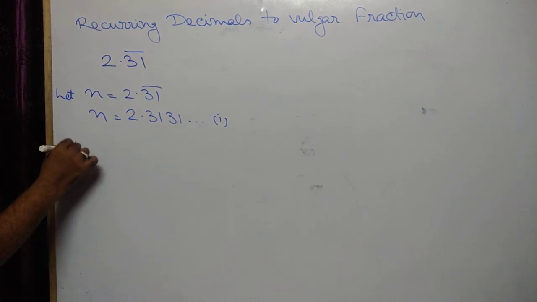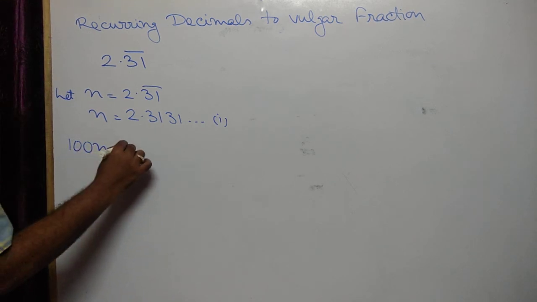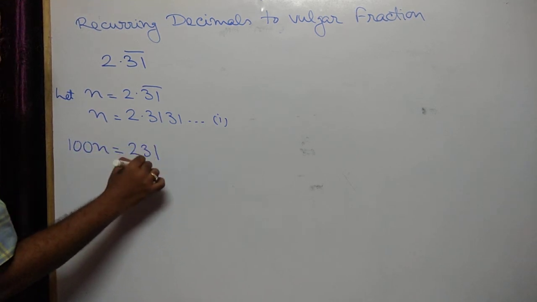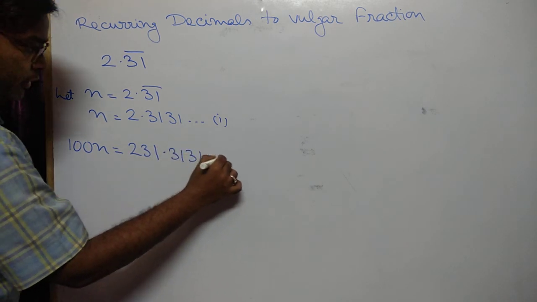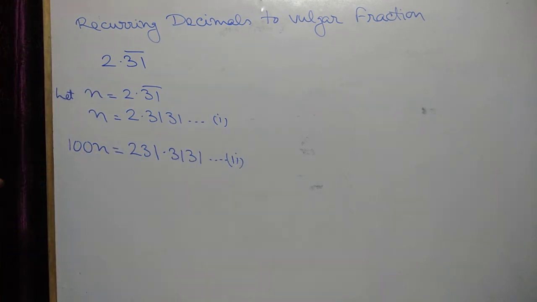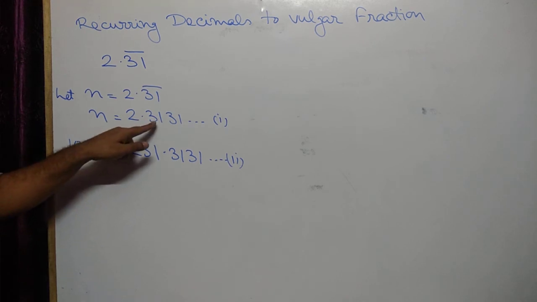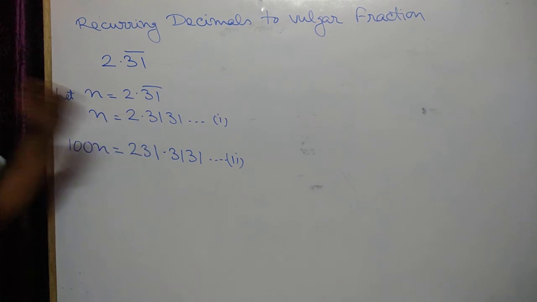So 100n equals 231.3131, equation 2. Hope you can easily understand why this time I multiplied by 100, because there are two repeating digits. In the previous one only one repeating digit was there.